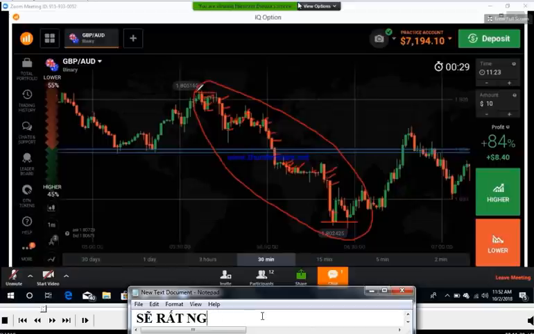Always, when this is a downtrend, trade with the lower option. When it is an uptrend, always trade with the higher option, but always trade at the strong level. Always trade in the direction of the trend and at the strong level.